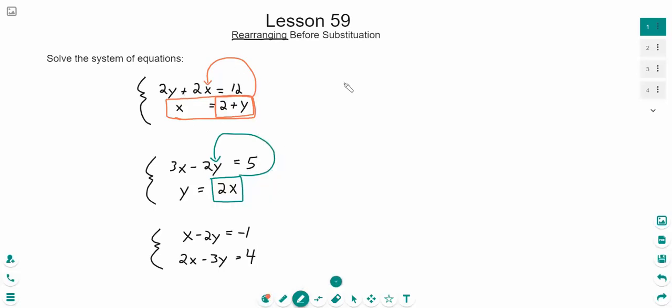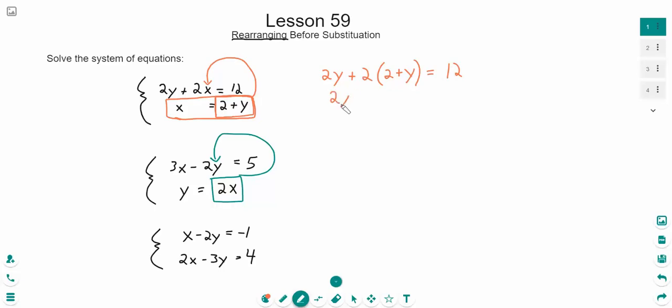So again, we're using substitution. Since we know that x is equal to 2 plus y, we plug that into the x in the first equation, and we end up with 2y plus 2, but not an x. Now it's a 2 plus y. We're substituting that in, 4 times it, equals 12. And now we just start solving this.